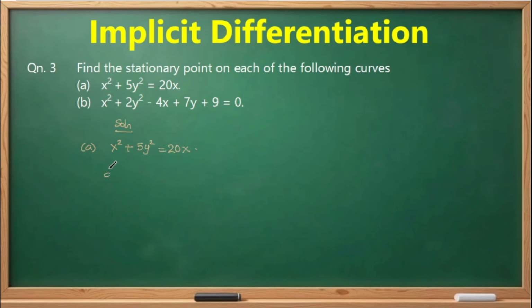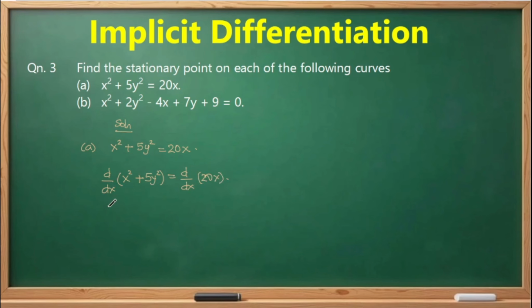Then we differentiate each of these sides with respect to x. On the left hand side we have x squared plus 5y squared being multiplied by d/dx, and on the right hand side also we have 20x being multiplied by d/dx.